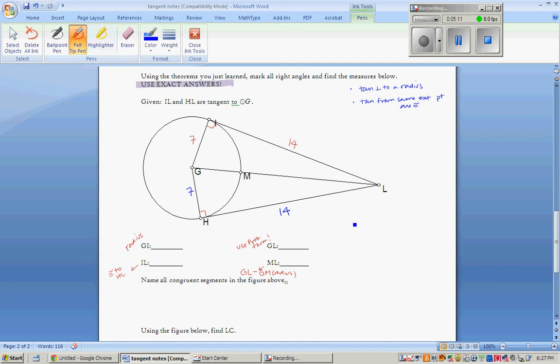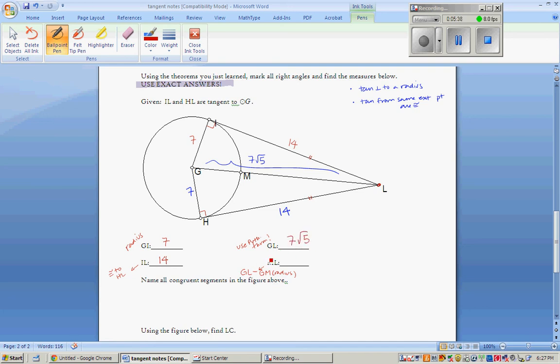But if you simplify it, you're going to find out that this entire thing here equals 7 root 5. So GI came out to be 7. It's a radius. IL was 14 because the two tangent lines are coming from the same exterior point, so they're congruent. GL, we just said, is 7 root 5.